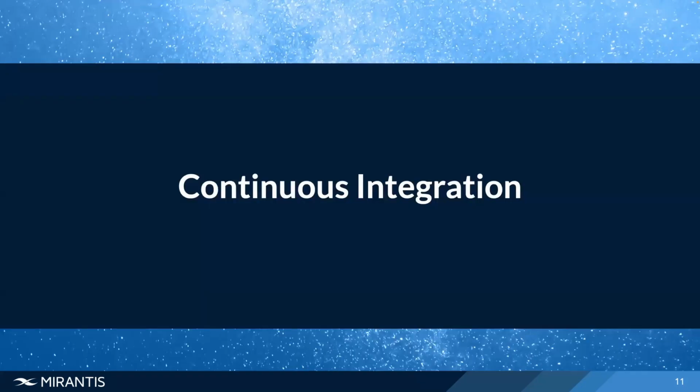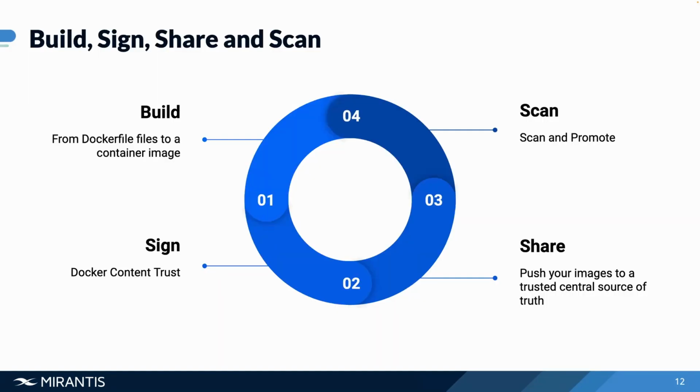So let's look at the continuous integration piece. Typically on the application side, you would have 4 big steps. The first one is build, right? So you need to build your code. That's where you would start.